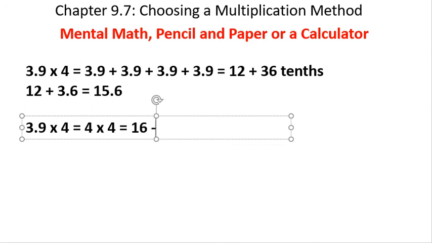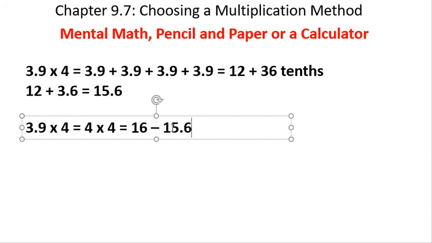So I have to take off 0.1 4 times. I have to take off 0 decimal 1, which I can say as 1/10. So I must remove 1/10, 1/10, 1/10, 1/10. In other words, I have to remove 4 tenths.